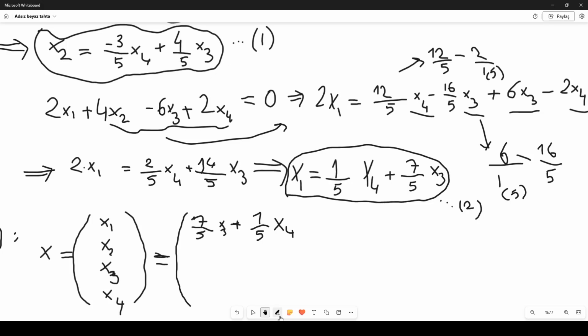So I write this. In other words, we have 4 over 5 x3 minus 3 over 5 x4.